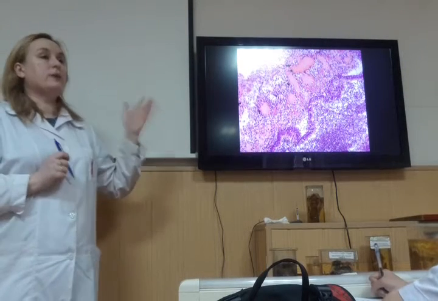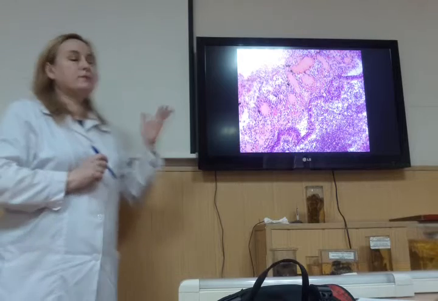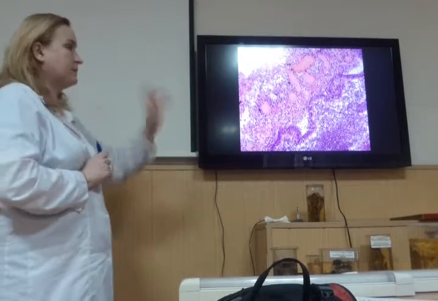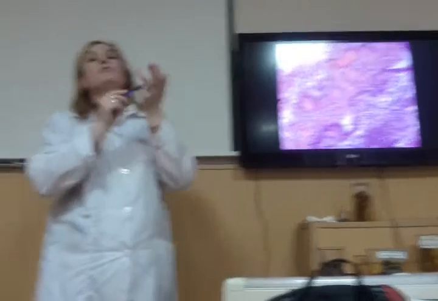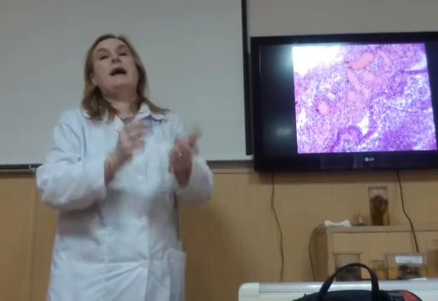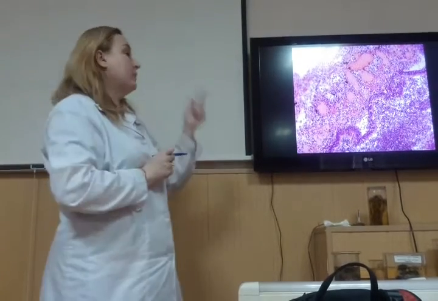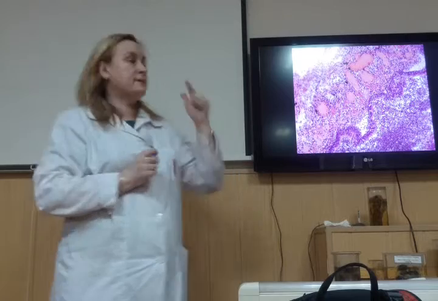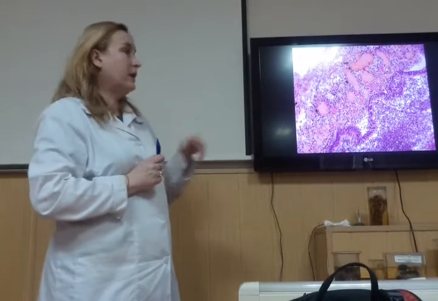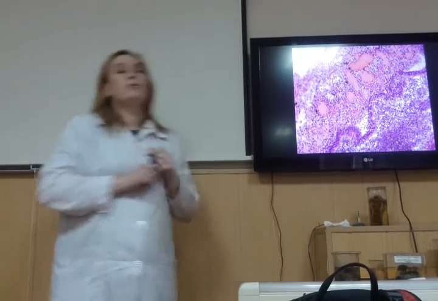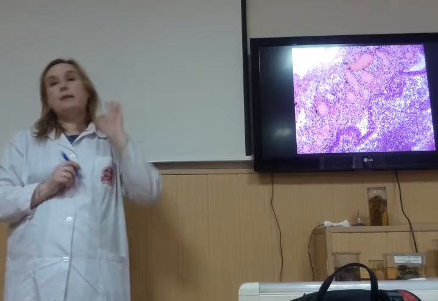Pneumonia in influenza is characterized by the alternation of different pathological foci in the lung parenchyma. We can see areas of necrosis, hemorrhages, atelectasis, superimposed bacterial infection, and that's why areas of suppurative inflammation, foci of bronchopneumonia, and nearby these foci we also can find perifocal emphysema.